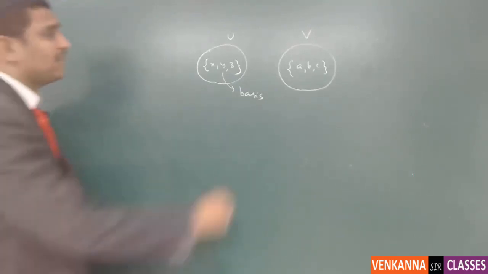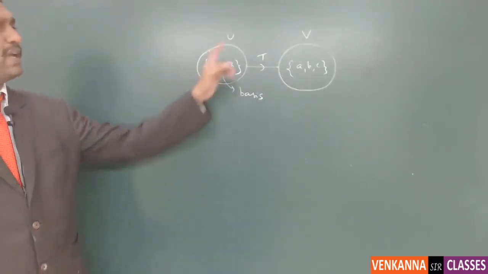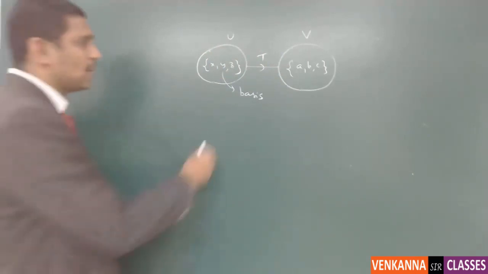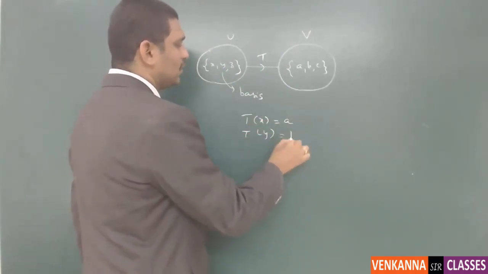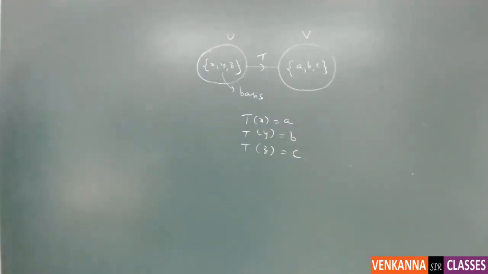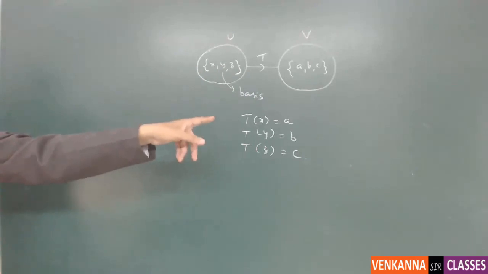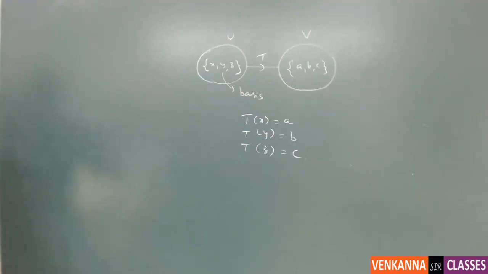So I can define a mapping T between these two such that one value is paired with one value. The pairing is user defined, you can do it in any manner. So I am going to take T of x is equal to A, T of y is equal to B, T of z is equal to C. In order to define a transformation where one value is the image of one value in the domain, the value you take in the domain must be a vector in the basis, an element of the basis.